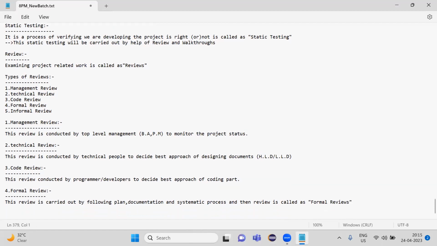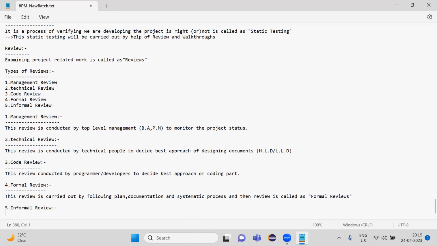Coming to the informal review. What is meant by informal review, guys? Without following any plan, any documentation, and any process, conducting reviews is called informal review. Some companies won't follow any standards; at that time, that is called informal review.